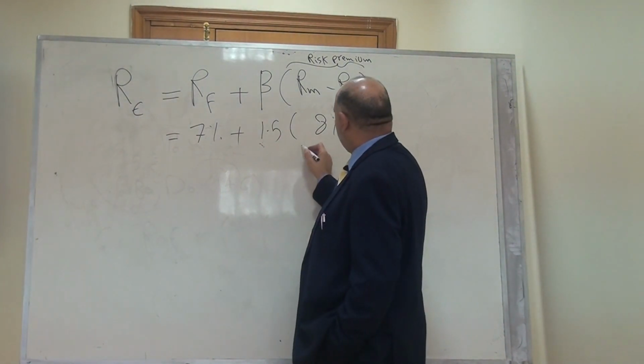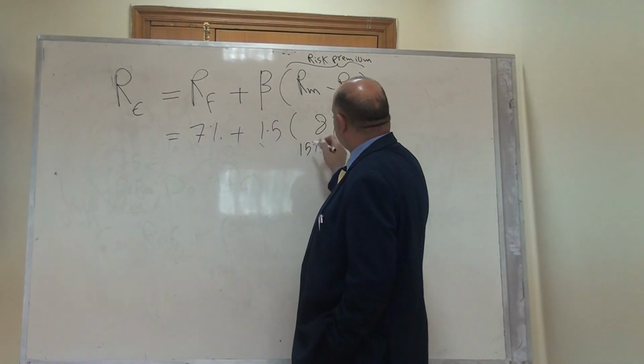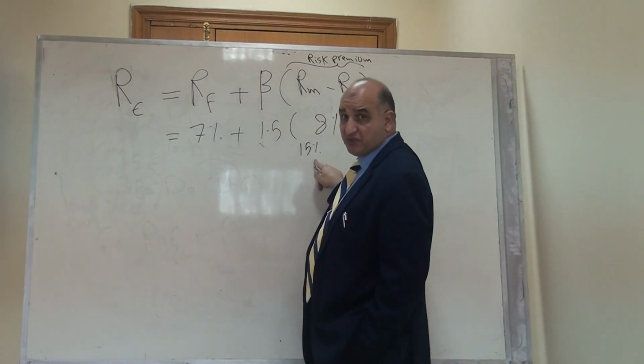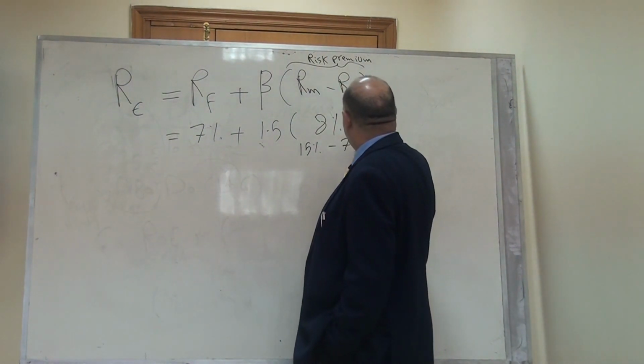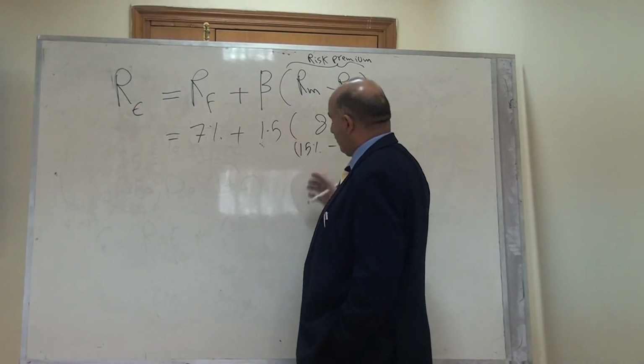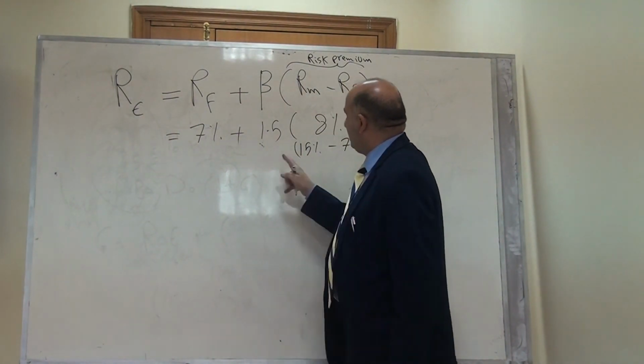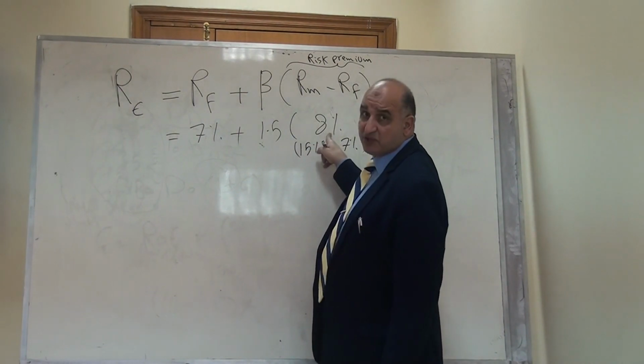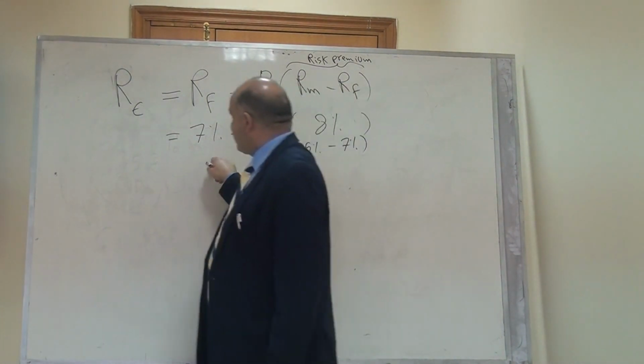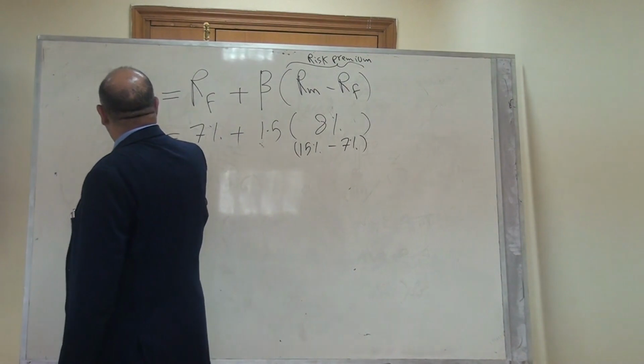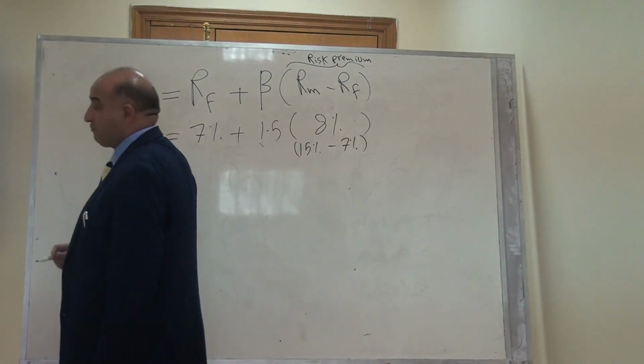This is exactly the same as if he said RM equals 15% minus RF equals 7%. To calculate this value, 1.5 multiplied by 8% is 12%, plus 7%. So now this is equal to 19%.